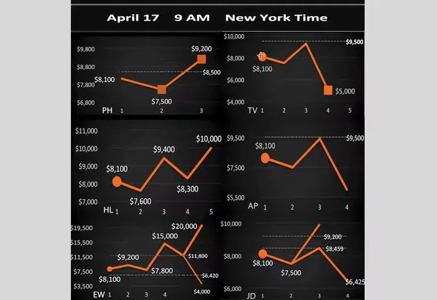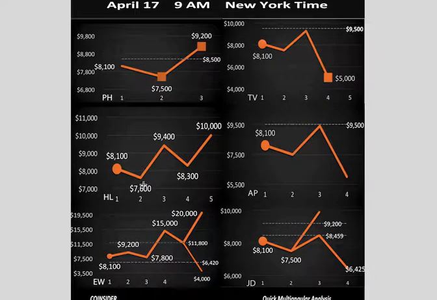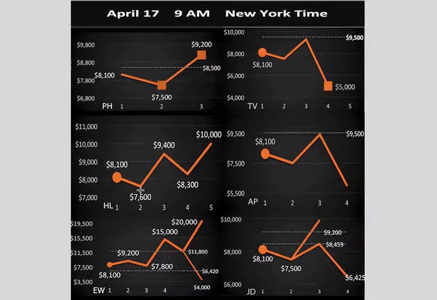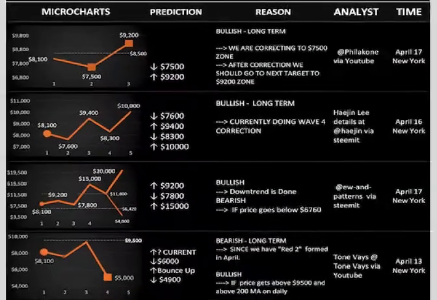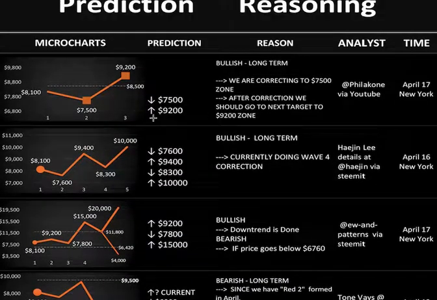We went over the patterns that are unfolding in the market, and the key prices to look for that are matching with many different analysts. We went over predictions and reasonings with the analysts themselves and why they're calling these numbers, and then we went over the analyst charts. So I hope that you got a lot of good information from today's quick charts report.